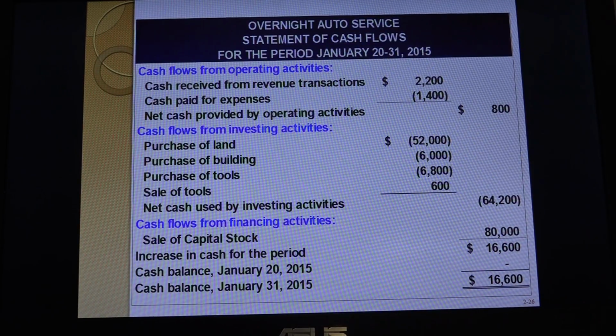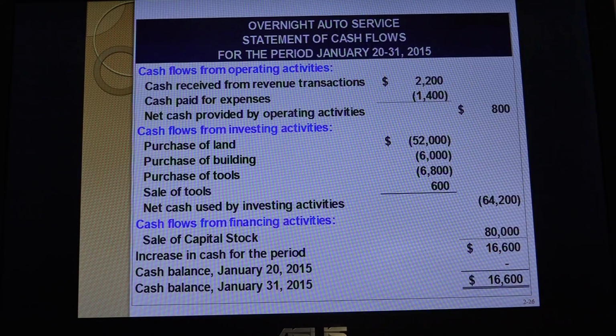And last but not least, you have cash flows from financing activities. Now, the different types of financing activities you can have is you could have the sale of capital stock. A company can purchase its capital stock, purchase it back from shareholders. You could have bank financing.